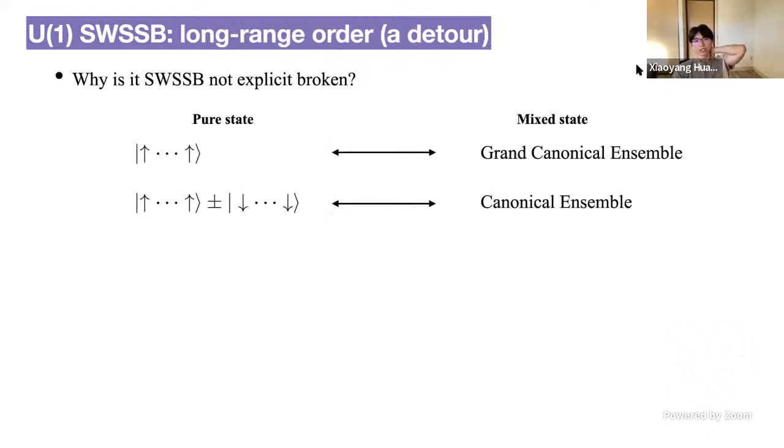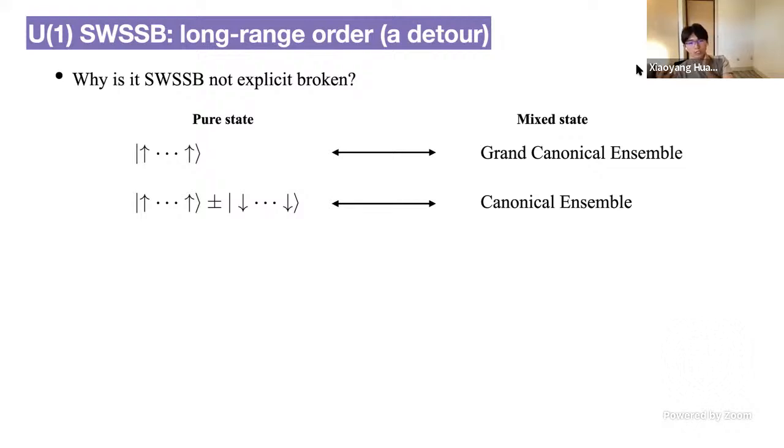Let me take a brief detour to talk about the long-range order that has been discussed in the literature about this strong-to-weak SSB. In analogy to the pure state SSB, the grand canonical ensemble is really like the ferromagnetic state for the Z2 SSB case, but the canonical ensemble is more like the superposition of the two degenerate ground states in the Z2 SSB case.